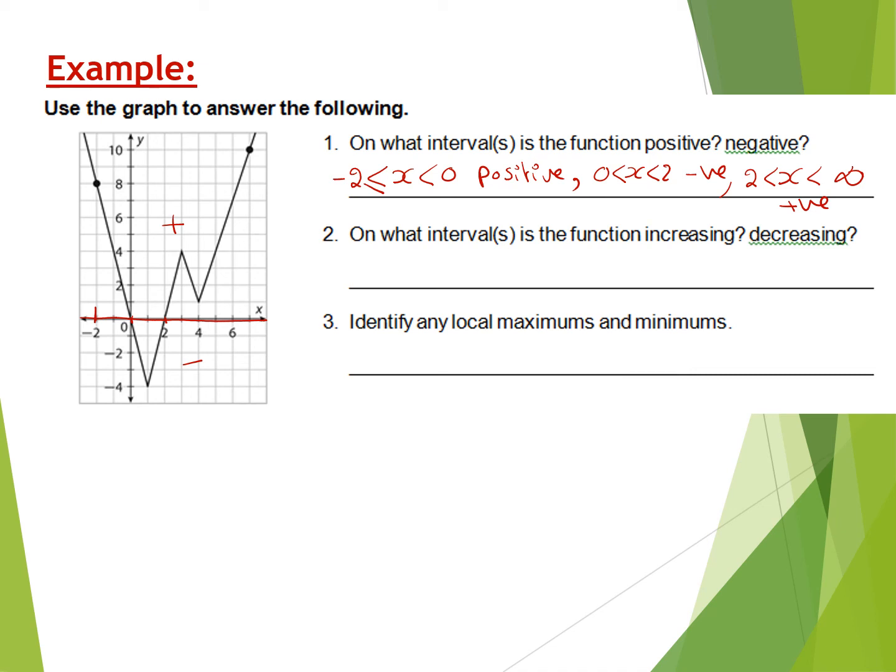Increasing and decreasing, I have to divide my graph. So I have this part from -2 till the peak here. So from -2, it's closed, till the peak.